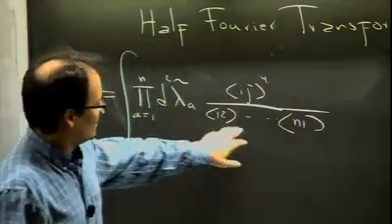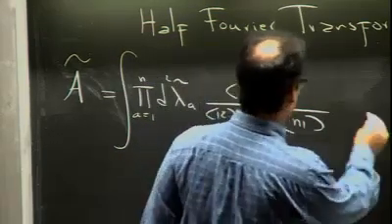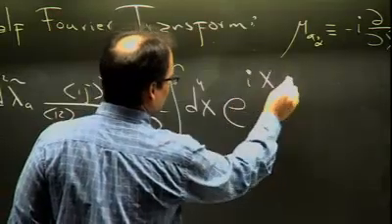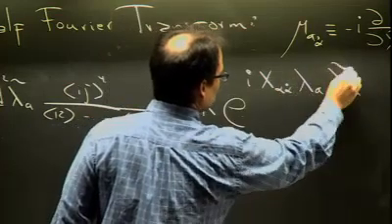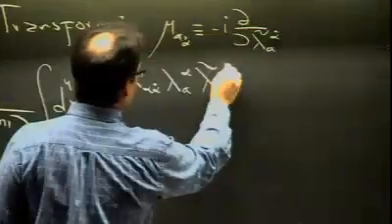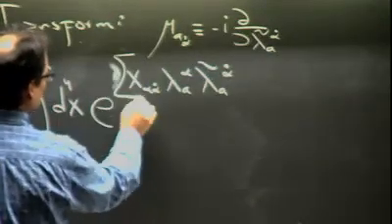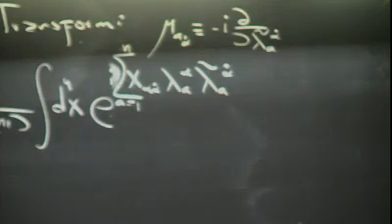Here, it doesn't matter that I'm writing too small because this is the object that is written over there that you know very well by now. And we have this integral d4x, e to the i, x alpha alpha dot, lambda a tilde, alpha alpha dot. And now I'm going to put the sum here, from 1 to n.